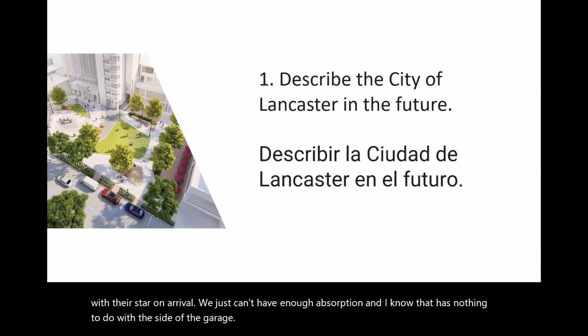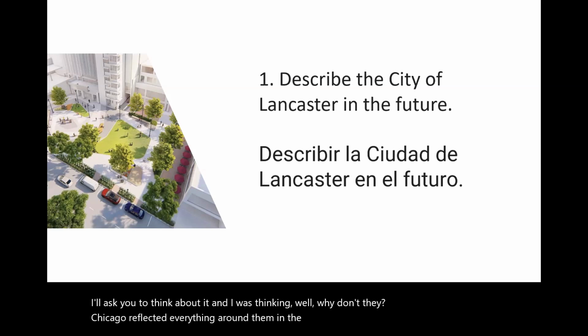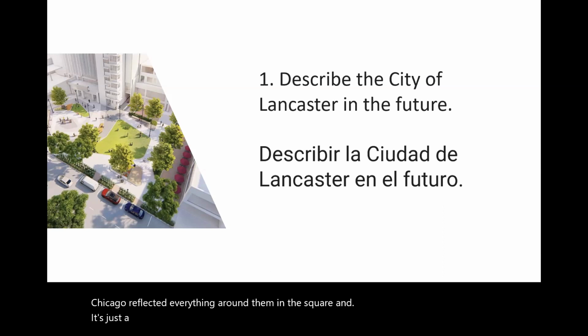I've seen your tubular designs, and I've had all last year to think about it. I was thinking, wow, what if they were like the color of the bean in Chicago? They reflected everything around them in the square. That image stayed with me all year. So it's just a comment, not really a question, just a vision. And thank you for listening. Thank you.